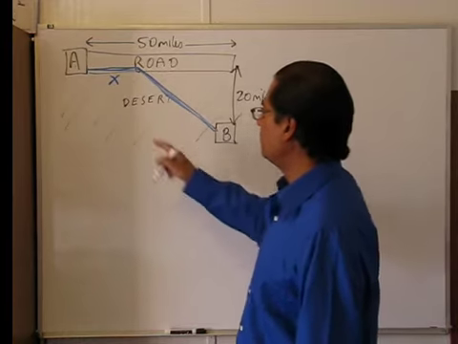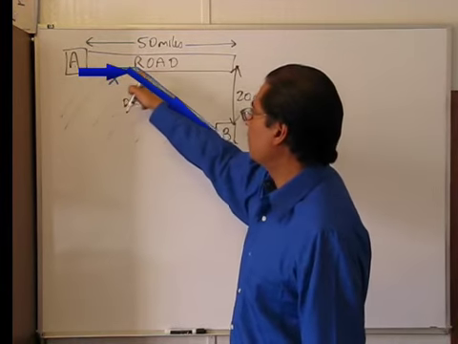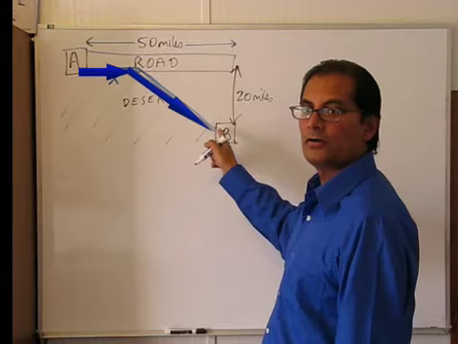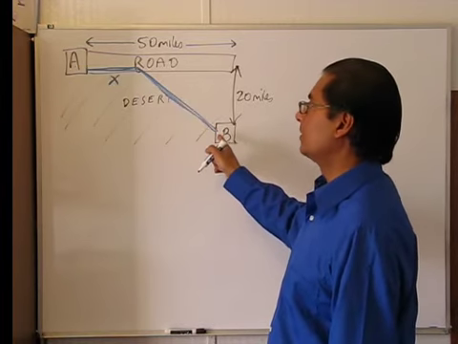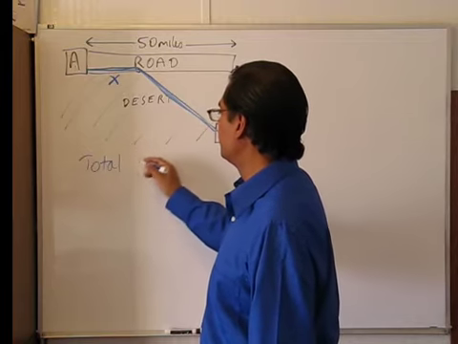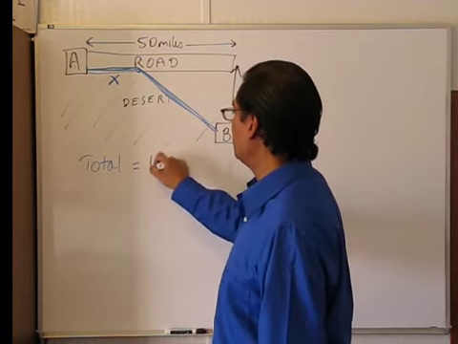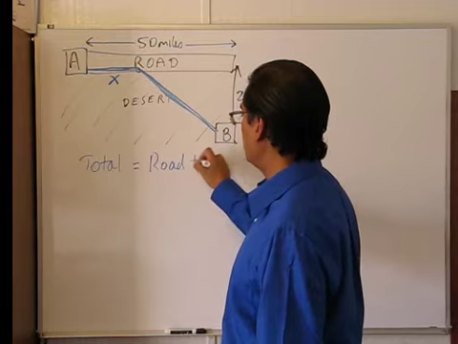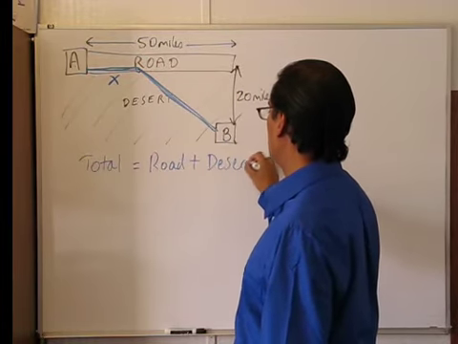So the total distance you're going to travel is the distance on the road and the distance across the desert. So the total distance is going to be distance on road plus distance on desert.